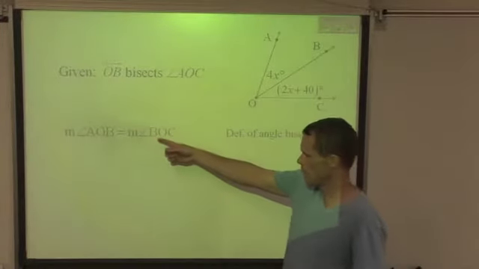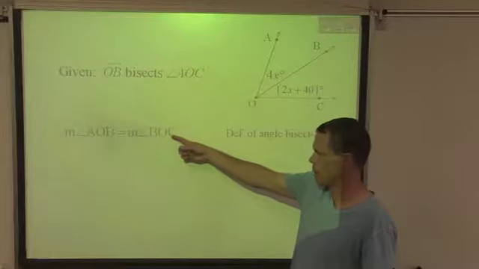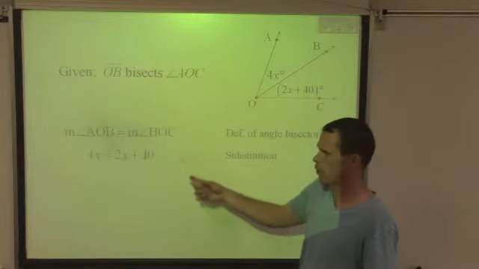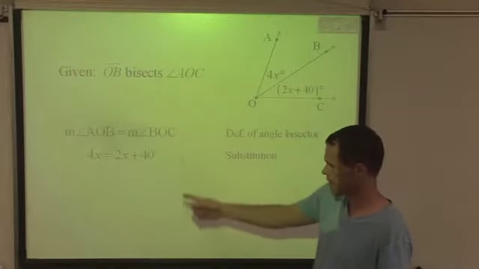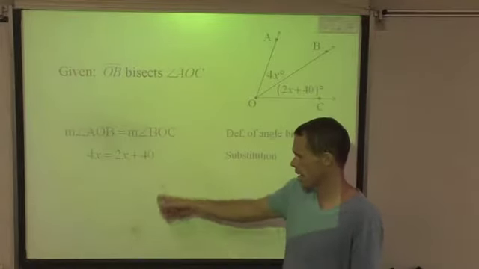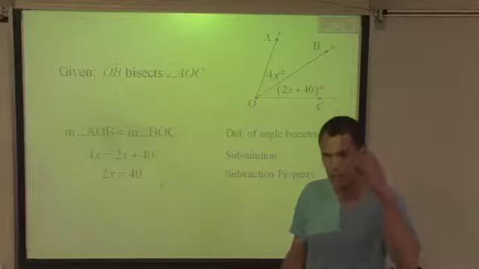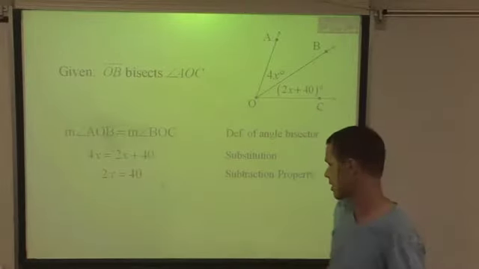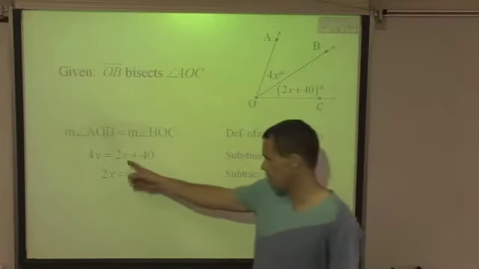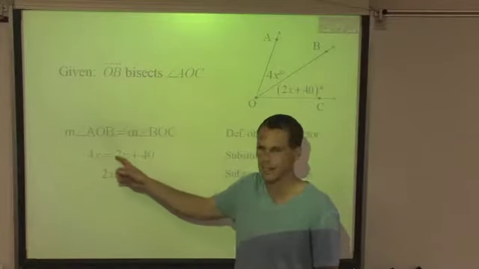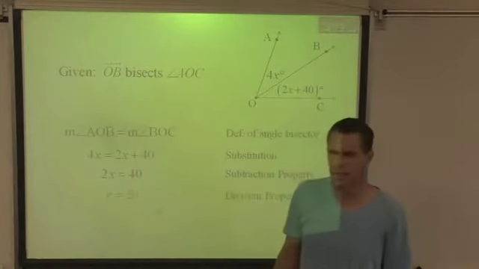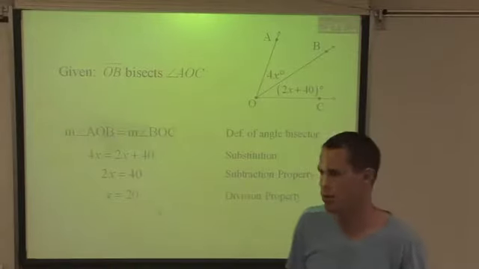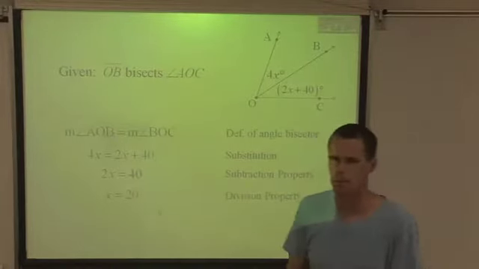If AOB equals the measure of angle BOC, then 4x equals 2x plus 40, substitution. If 4x equals 2x plus 40, then 2x equals 40. Check to make sure you understand that this is the subtraction property. I subtracted 2x from both sides. Now if 2x is equal to 40, x is equal to 20, I divided by 2 on both sides, and that is the division property.